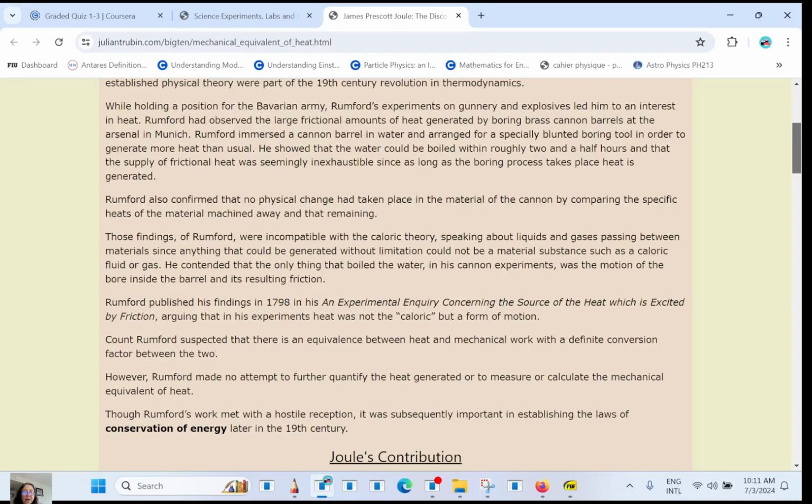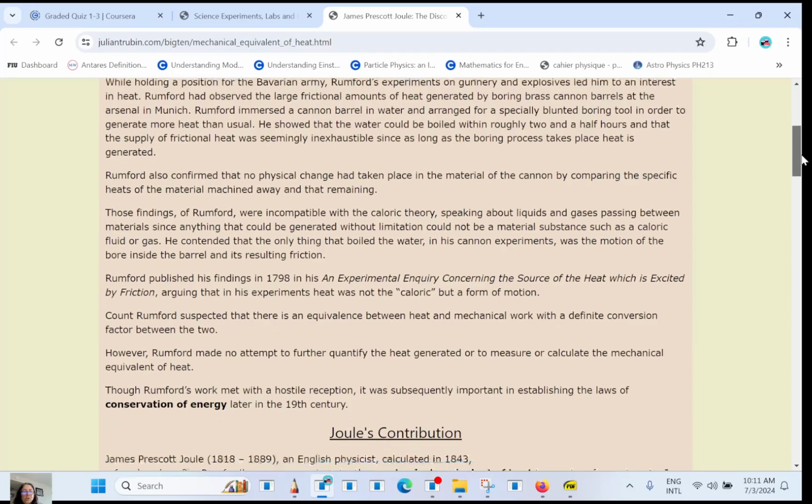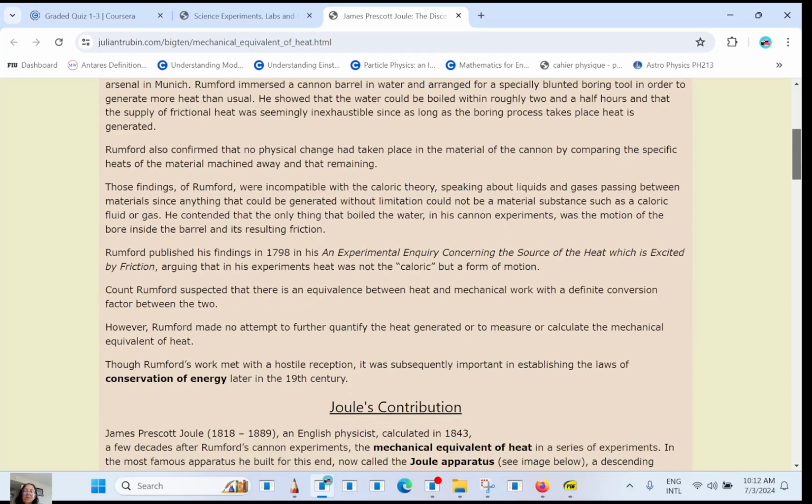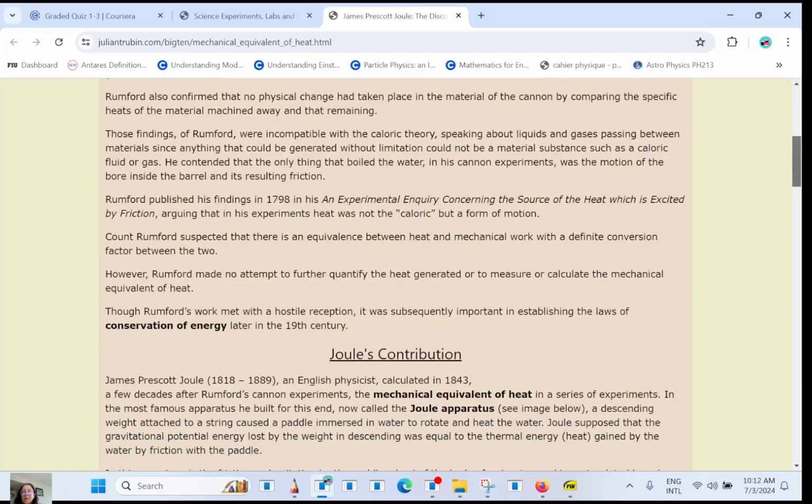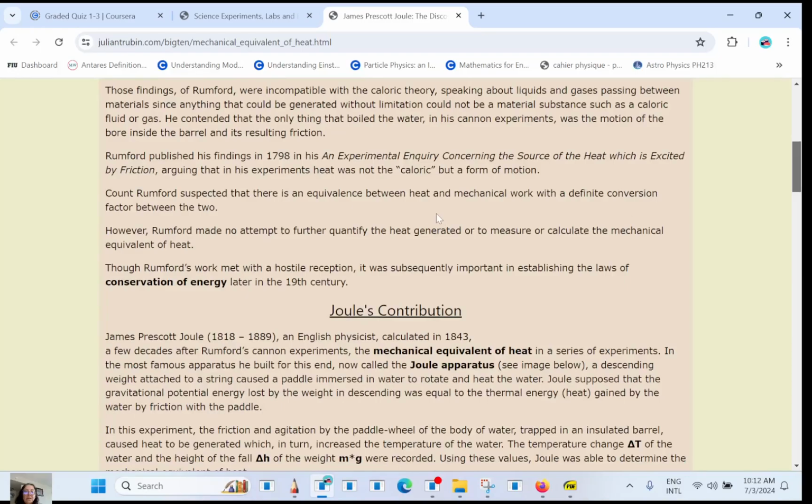So he proved the caloric theory wrong. There is no such thing as a weightless fluid flowing. And he wrote a book about that. So there was a relationship between heat and mechanical work, right? You can turn mechanical work into thermal energy.